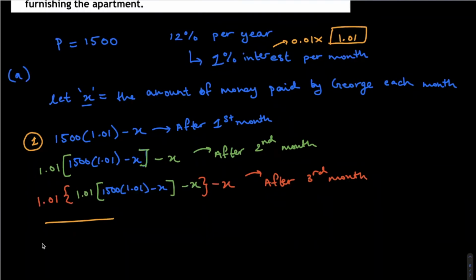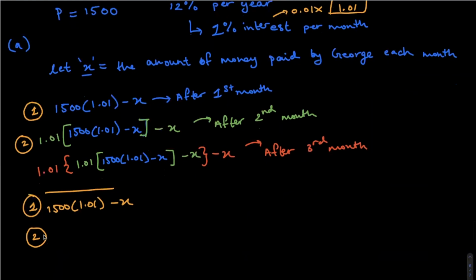I'm just gonna get 1500 times 1.01 minus x, right? First one. Second one, what I'm gonna get here is 1500, again, obviously, 1500 times 1.01 squared minus 1.01x minus x again, right?